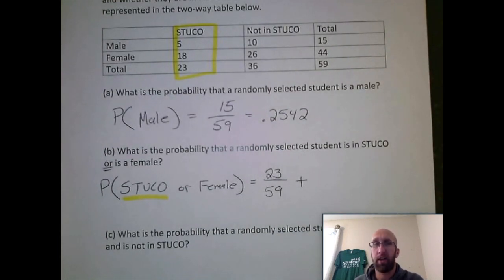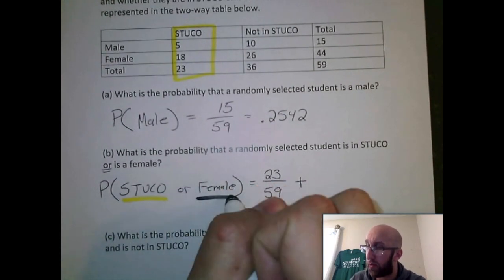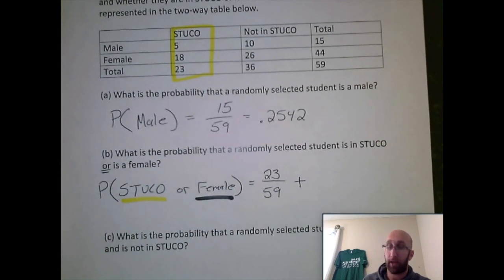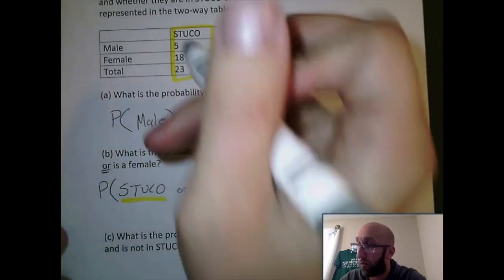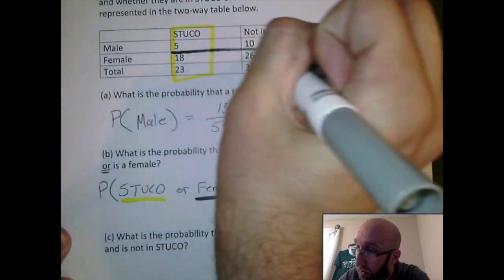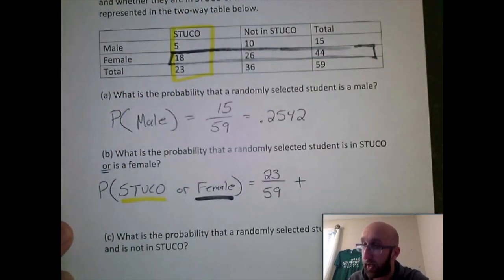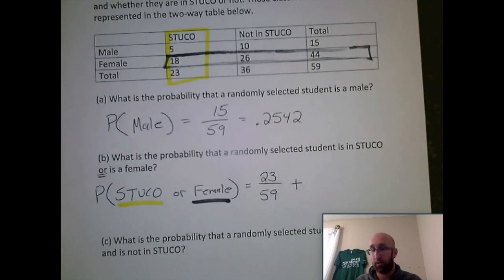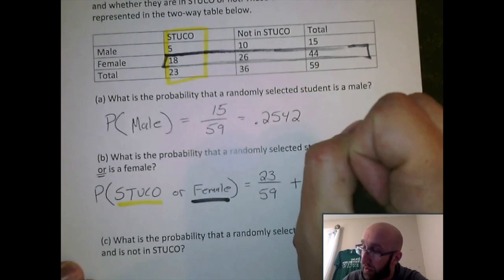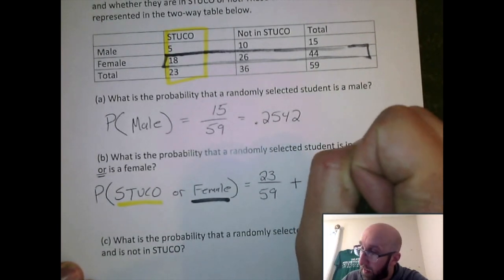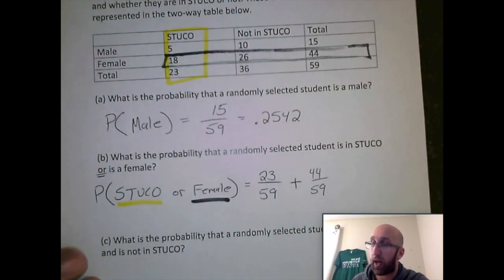Our other thing that we're looking at is Stuco or female, okay, or female. So if we go to the female row, we're talking these numbers right here, okay. So Stuco or female, well, there's 44 females out of a possible 59.